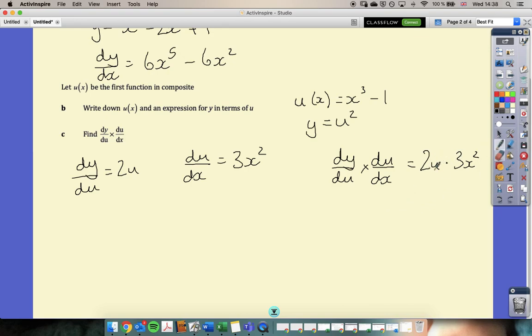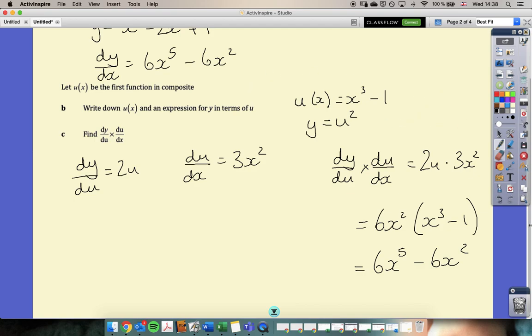We're going to substitute back in this expression for u. Okay, so I've got 6x squared multiplied by u, and u is x cubed minus 1. So we can expand: 6x to the power of 5 minus 6x squared, which is once again the same as dy by dx.